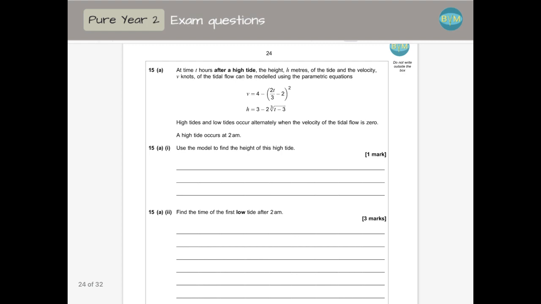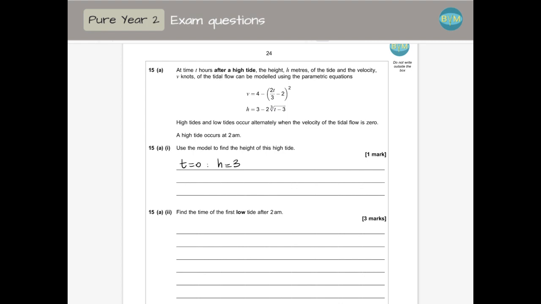So we are measuring the time after a high tide, which means that a high tide is happening when t is 0, because we are starting measuring with a high tide. The way of finding the height when the tide is high is just substituting t by 0.